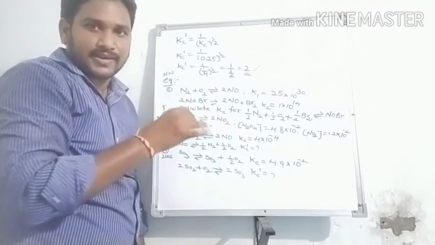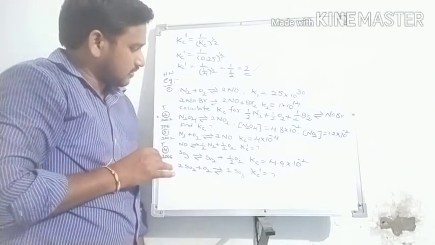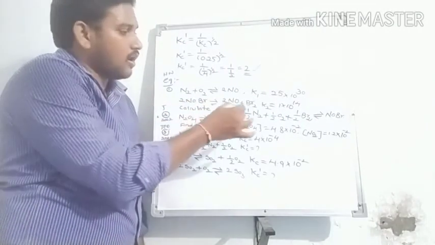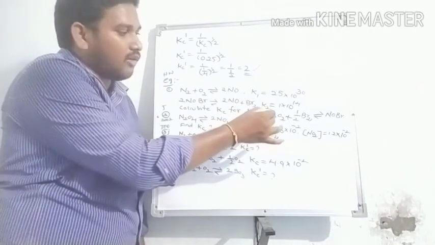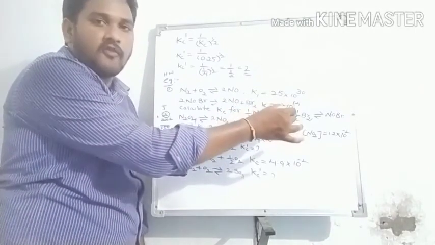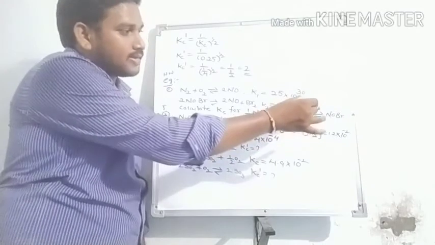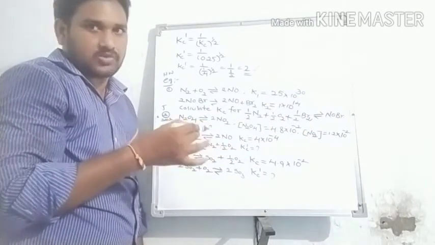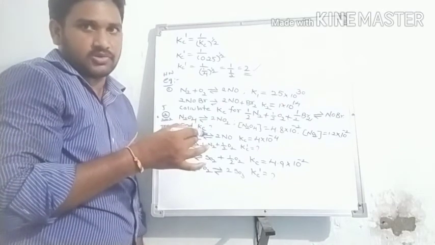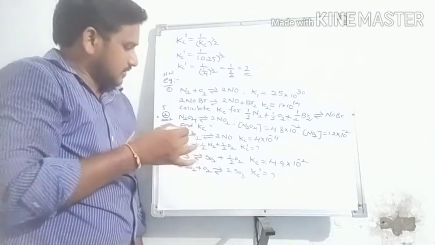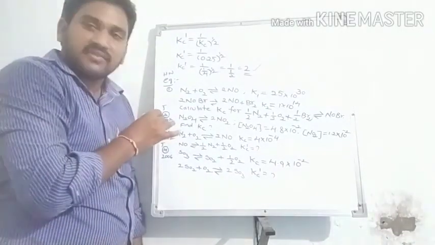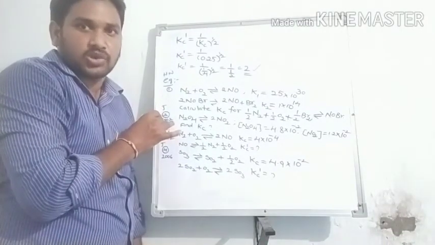Both K1 and K2 are supplied. Calculate Kc for N2 plus O2 plus Br2 going to 2NOBr. That is the first homework question.